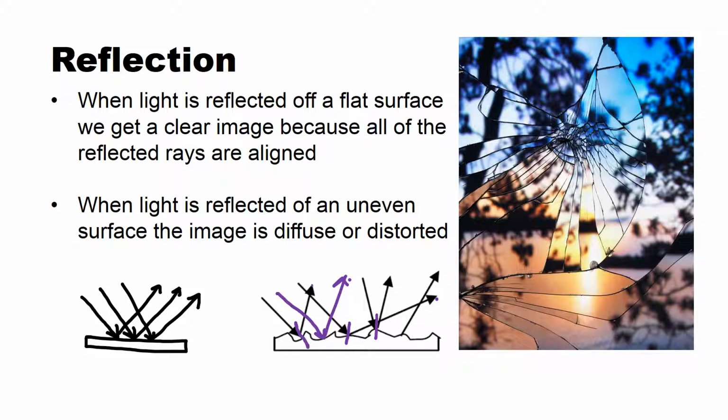I put in an image here of a broken mirror so you can get the idea. That quite evidently is a view of, I guess, a sunset across a lake, but because it's viewed in a broken mirror, you end up with a very distorted image. You can get a similar distorted image if you look at your own reflection in a teaspoon.